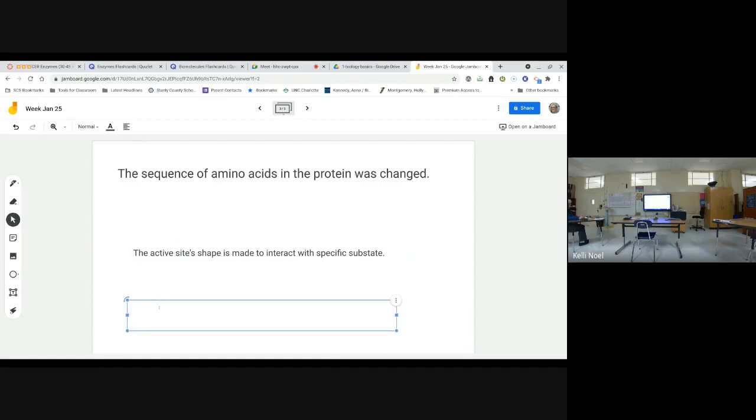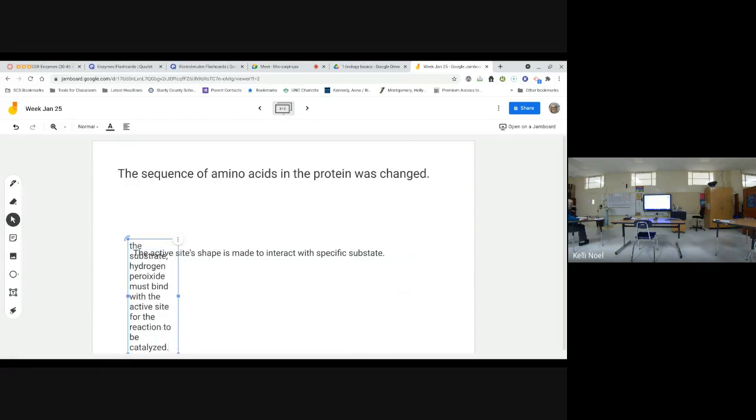So the substrate, we know it's hydrogen peroxide, must bind with the active site for the reaction to be catalyzed.